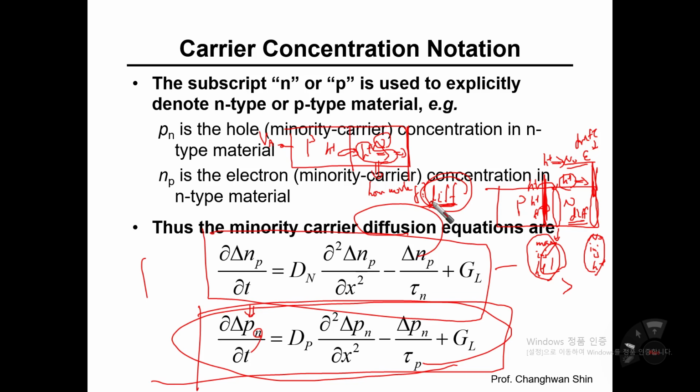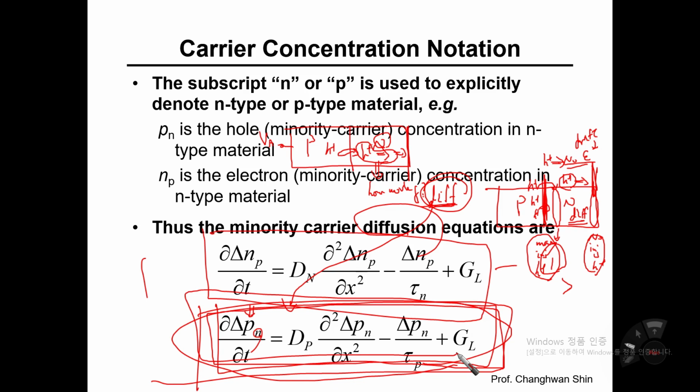That diffusion can be described and governed by this second order derivative equation. In Korean, 2차 미분 방정식 for holes can give us a hint how the holes move in the N-type material. Okay, so now you have some idea why it is a diffusion equation.